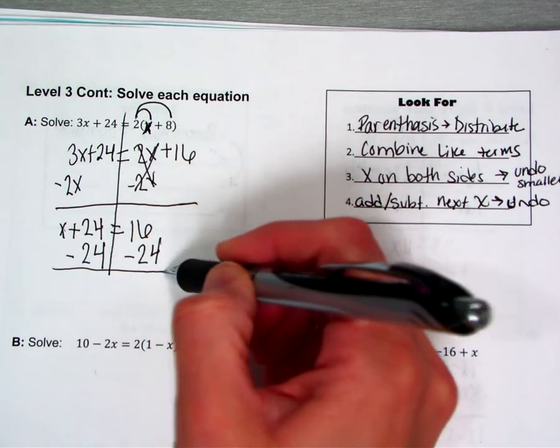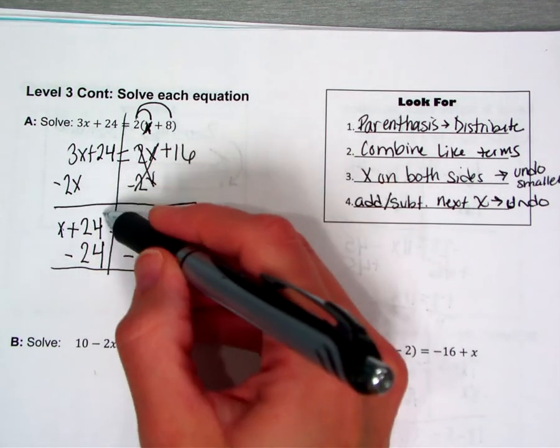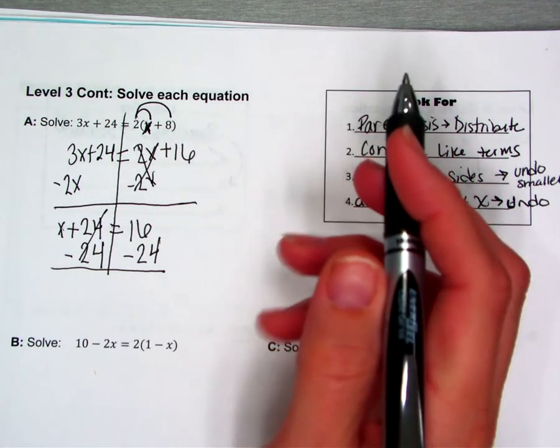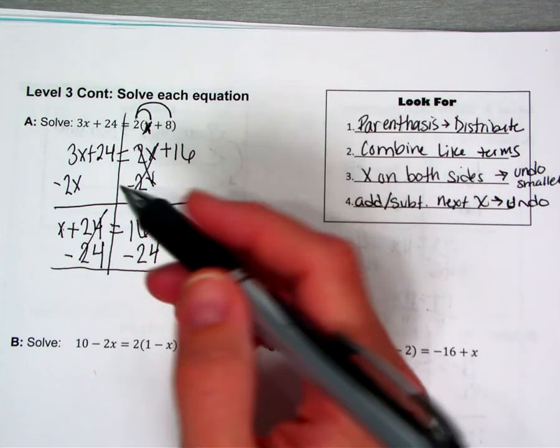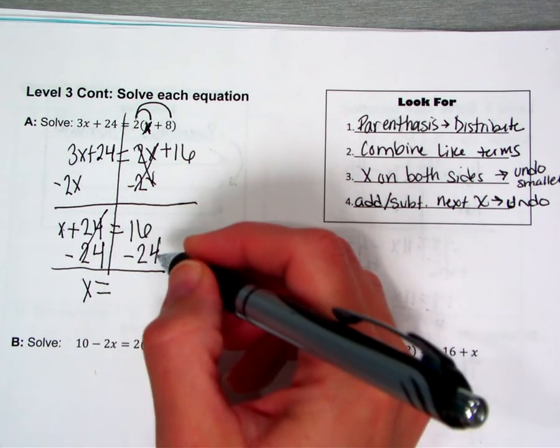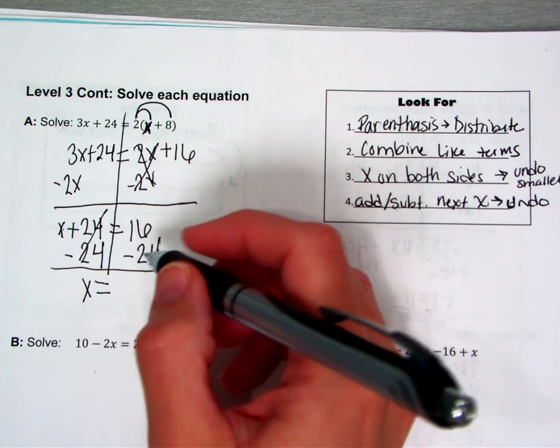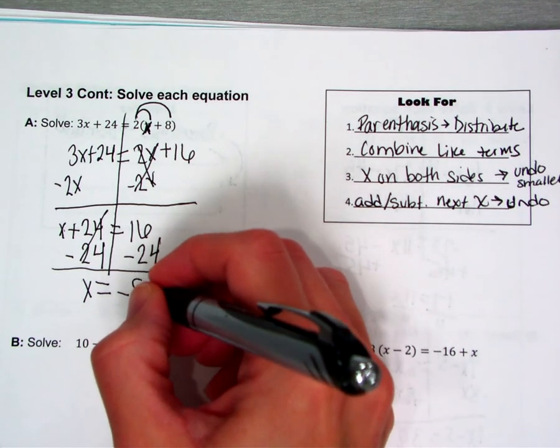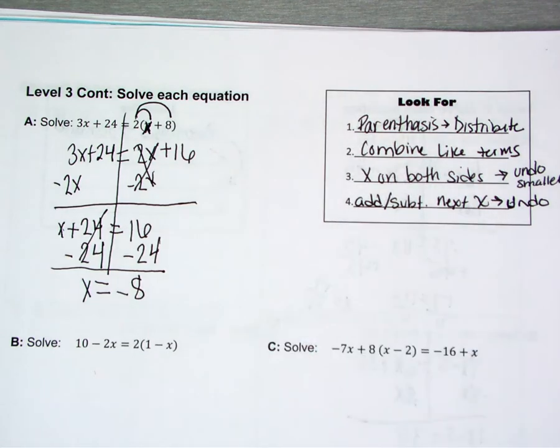So I still have an x here. The x has not canceled itself out, so be careful with that, because you're going to kind of think that in the future. Even though there's still an x there, it just happens to be 1x. 16 minus 24 is a negative 8. And there's my answer.